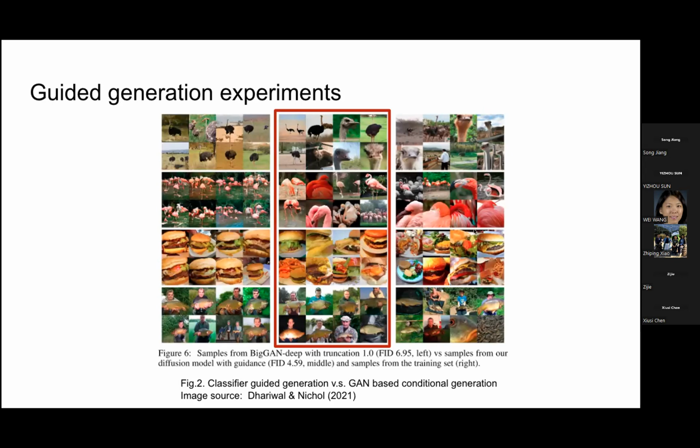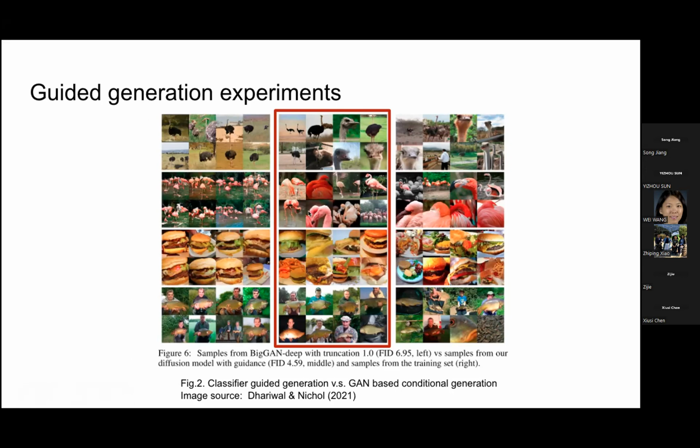The right column is the ground truth image, and the left column is one baseline, one of the SOTA generation models with the GAN architecture, called BigGAN. The middle column is the classifier guidance diffusion model, and we can see this one roughly focuses more on the object itself.